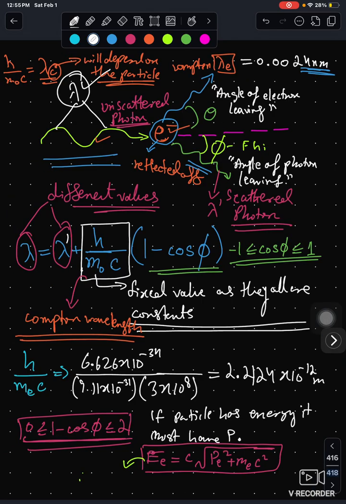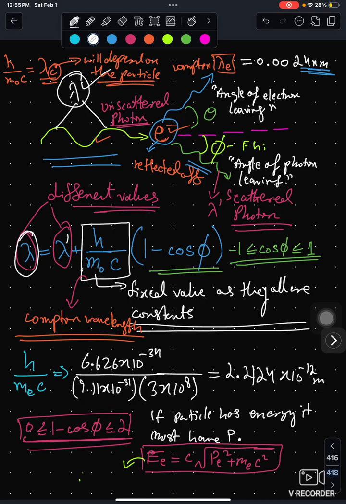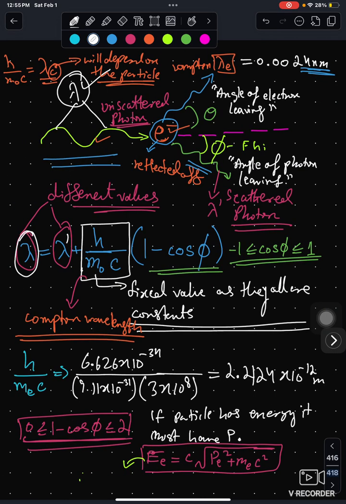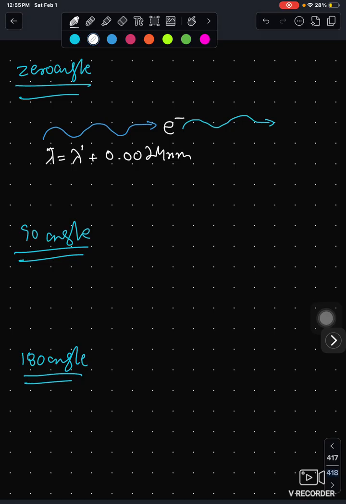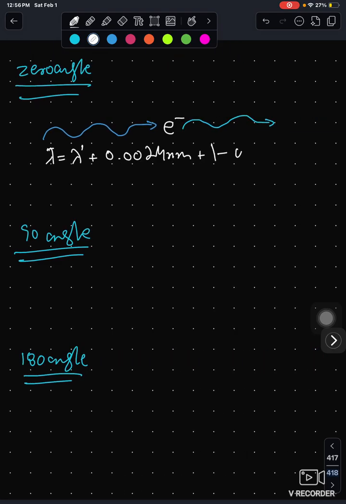What we're trying to get is a wavelength, right? The wavelength we will have is lambda equal to lambda scattered plus this value, h over m0 c, which is 0.0024 nanometer, times 1 minus cos of this angle.